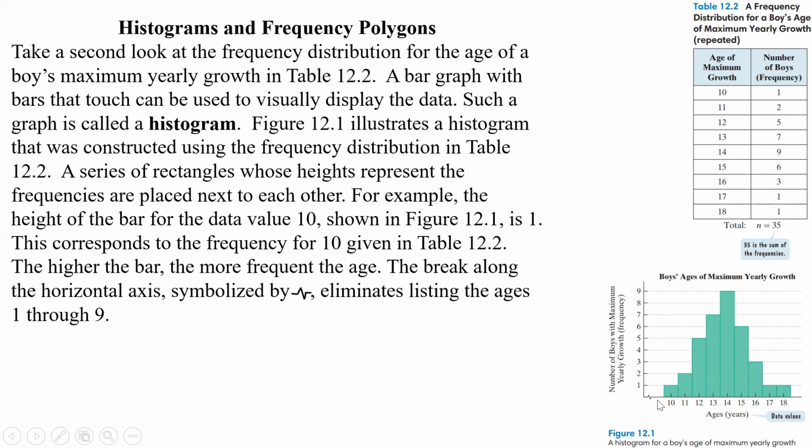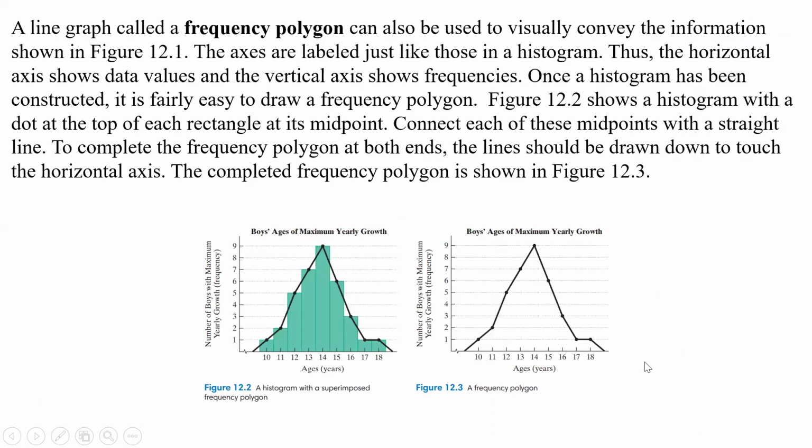It makes a break along the horizontal axis, so we don't have to have nothing, nothing, nothing, and then it starts at 10 and goes up to 18. That's a nice feature that makes the graphs easier to draw, so we don't have as much stuff on them.